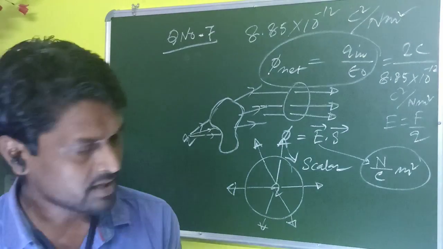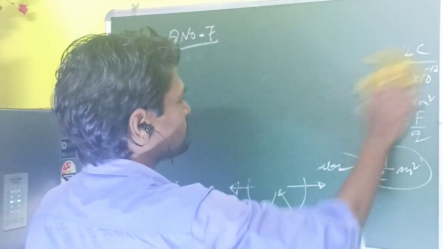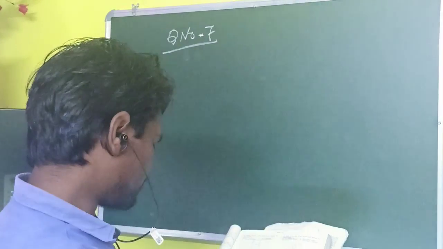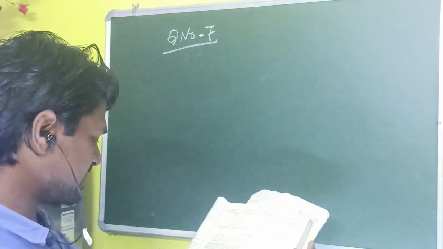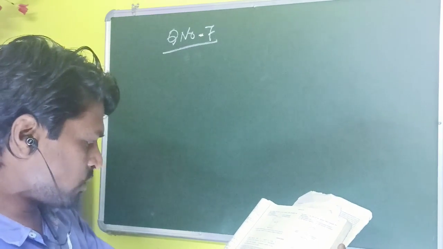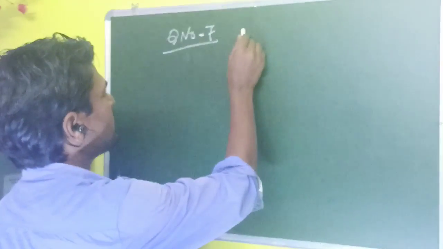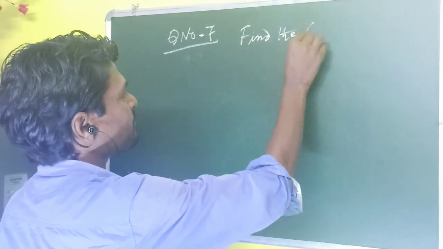Let's write down the numericals and then try to solve them. Question number 9: find the flux of the electric field through a spherical surface of radius r due to a charge of 10 to the power minus 7 coulomb at the center.